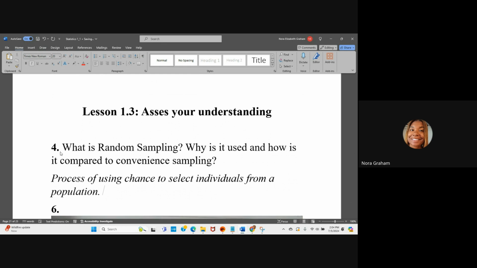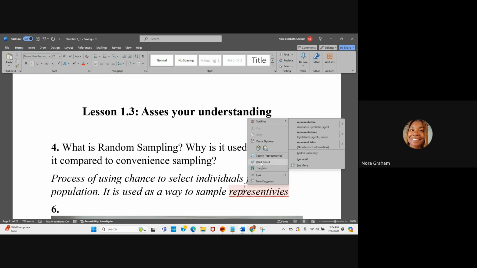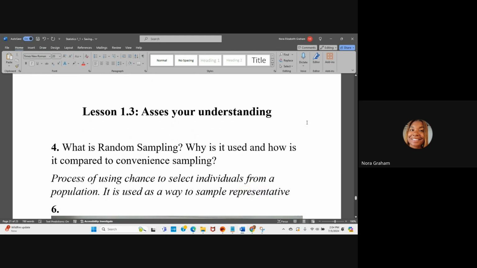And why is it used? It is used as a way to sample representative of a population.